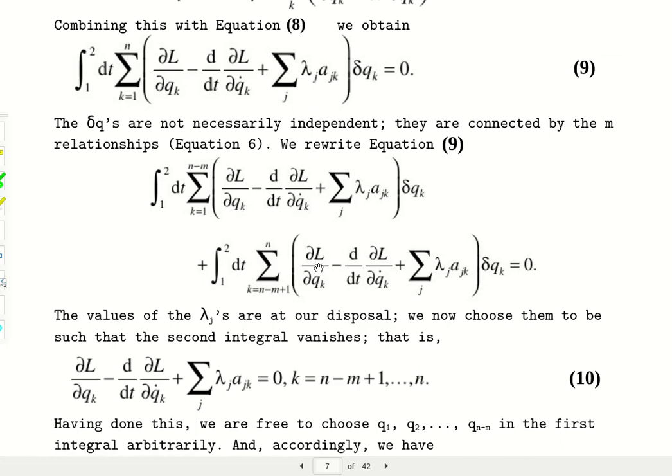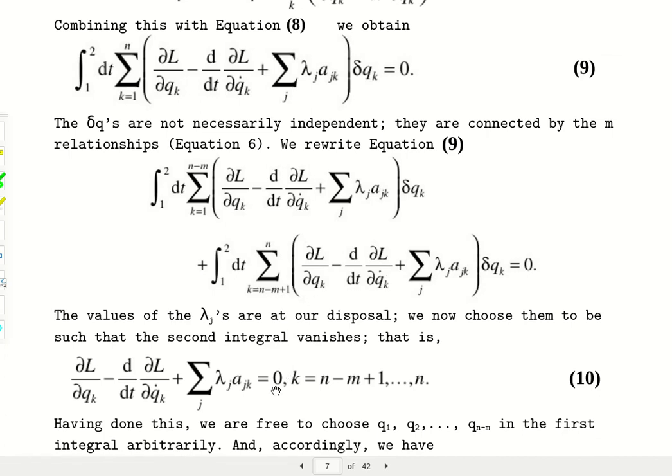Now see, the second part of the equation contains how many terms in the sum over k? You can see there are just m terms, m, that is the number of constraints. If the number of constraints is 3, then this sum will contain 3 terms. The number of terms within the sum over k is m.